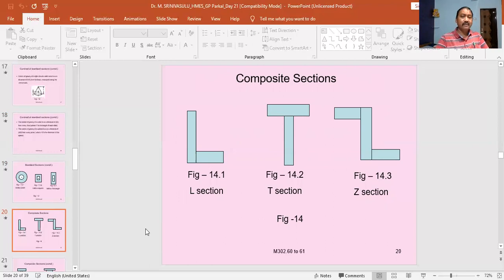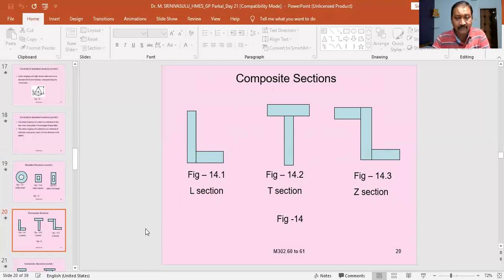Now coming to the composite sections. We have so many composite sections. If we take any engineering element, any shape, it is composed of simple shapes. It is nothing but a combination of simple shapes.